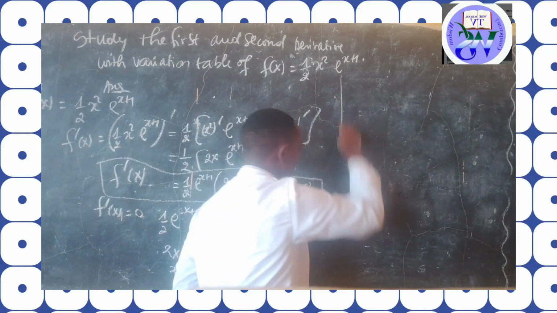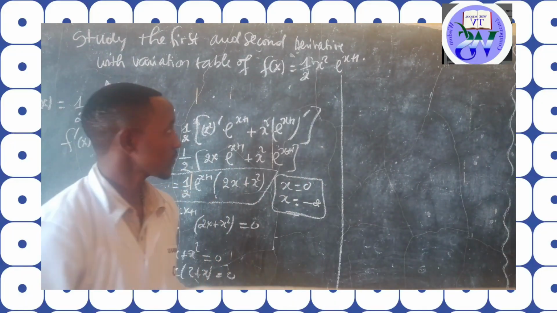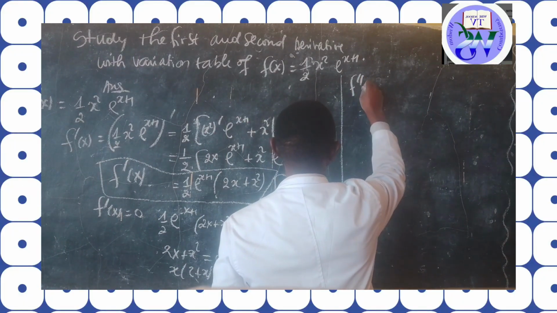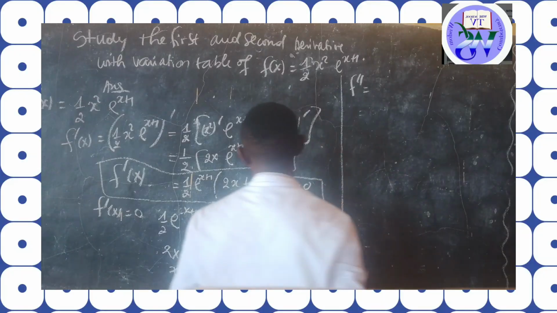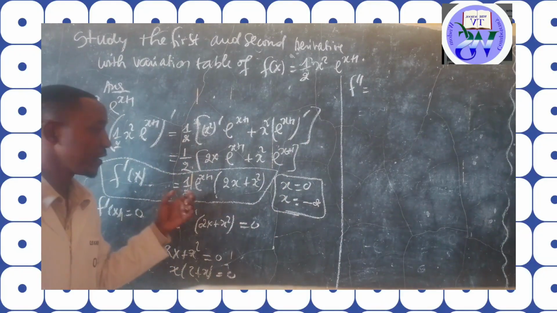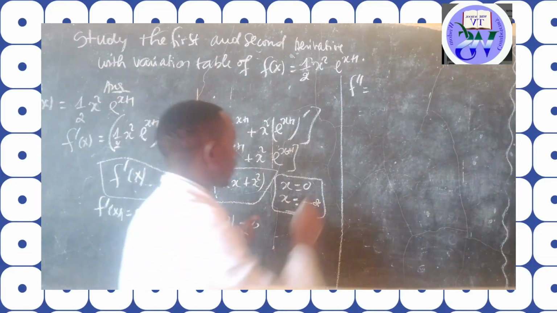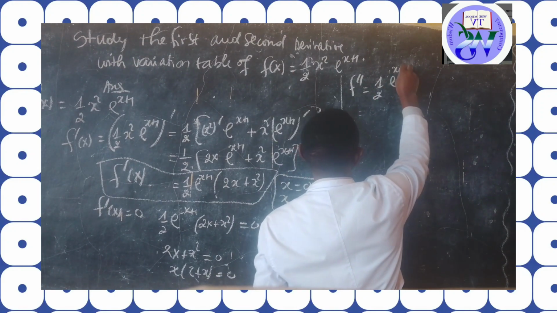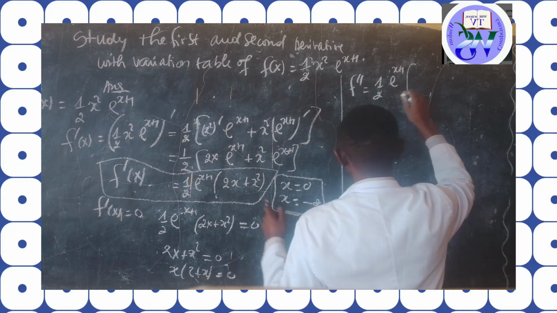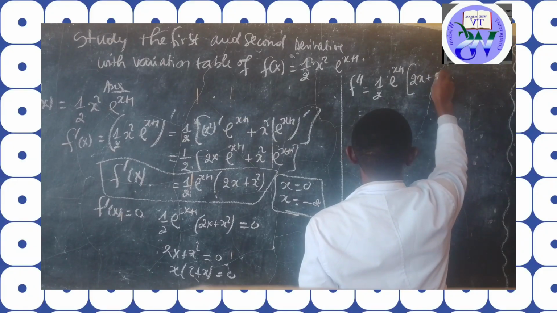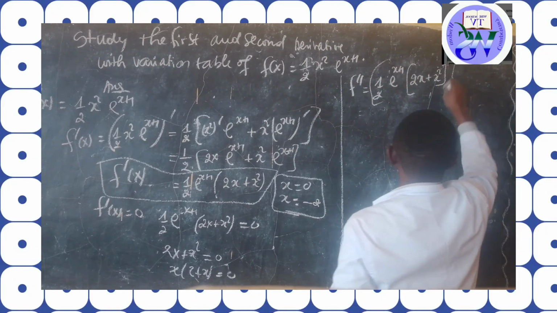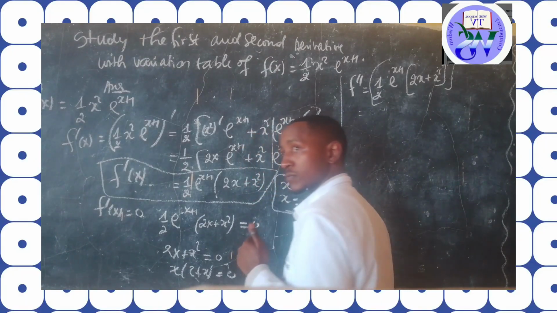So let's find the second derivative. For the second derivative, we take the first derivative and derive it. So it is 1 over 2 e power x plus 1 times 2x plus x squared, derivative.